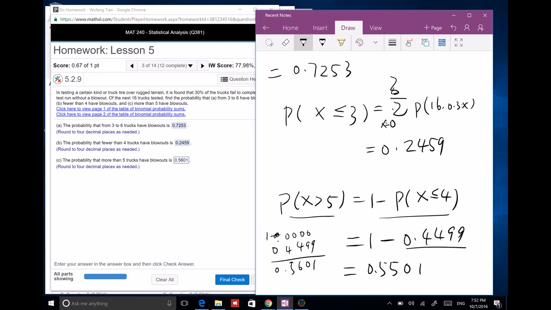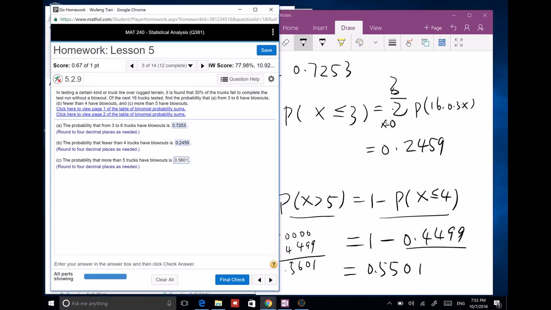It should be 0.5061. Let me double check it again.